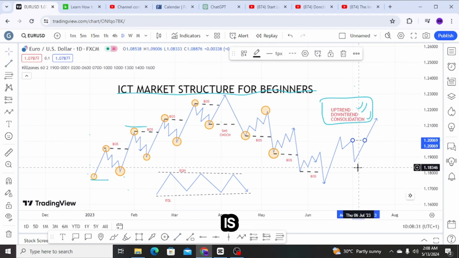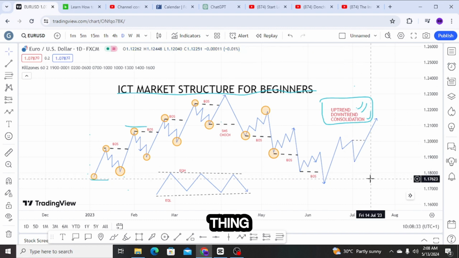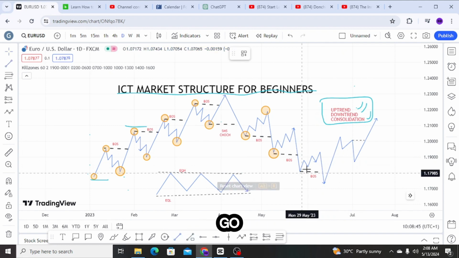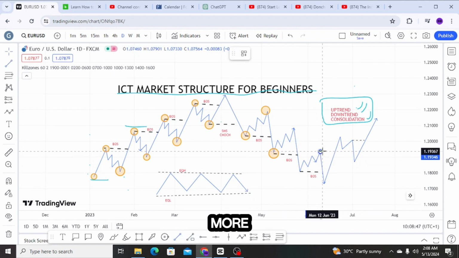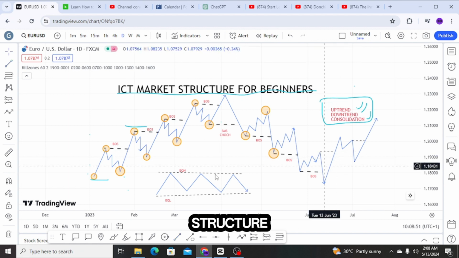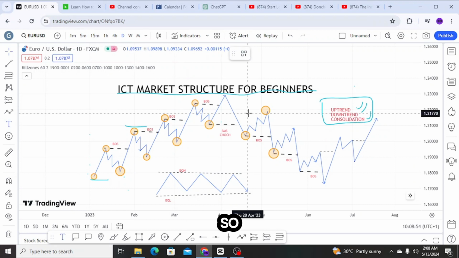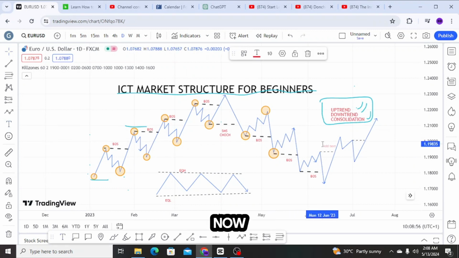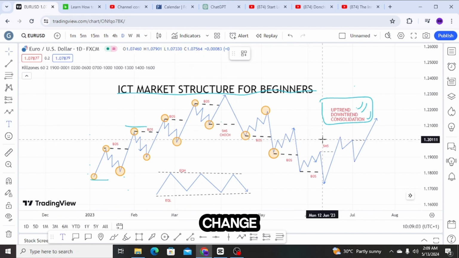So that is how to delineate all these things in the market. I hope I'm explaining it in a way you understand. Right here now is going to be your shift in market structure. I'm still going to go to the chart and explain more on this. I'm going to label here your shift in market structure, or you can call it your change of character.